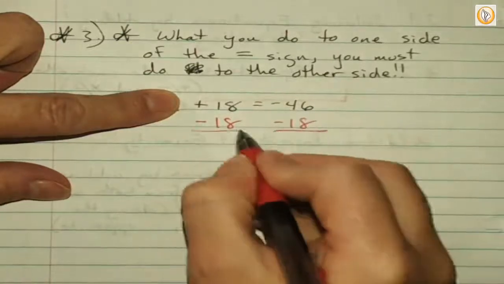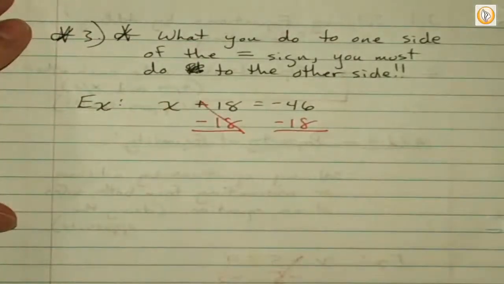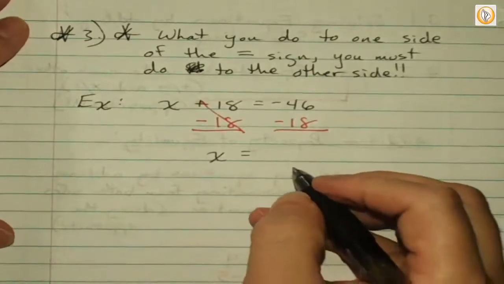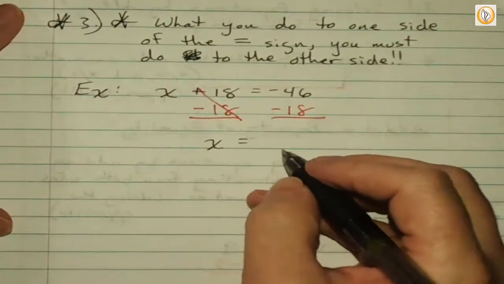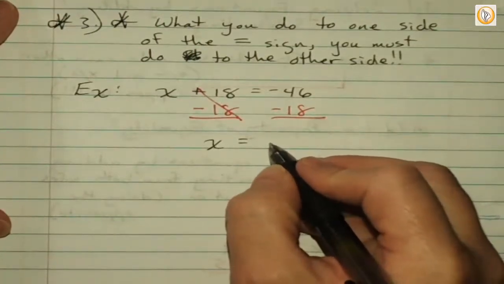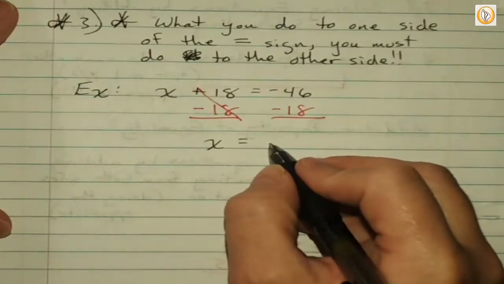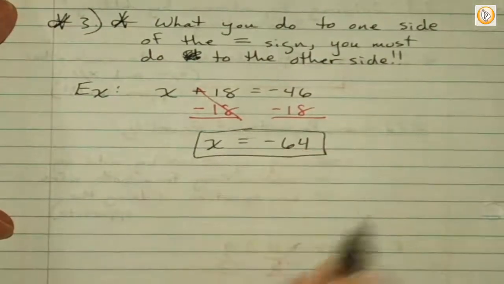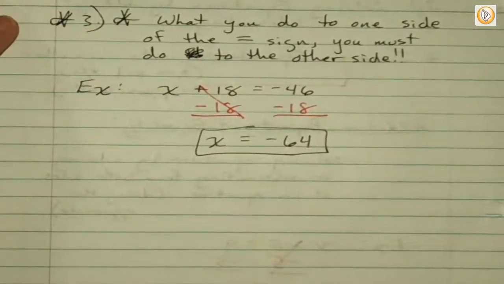You have to do it on both sides. So I have x equals. Joseph, tell me the answer when you figure it out. -64. He is correct. Any questions?